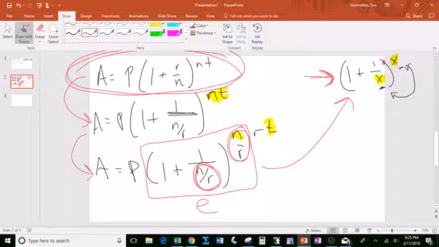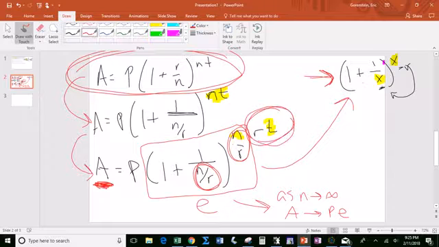So this becomes the number E, and so the result here is as the number n gets infinitely large, this A right here gets closer to P. What I have in that red box is the number E, and then you have this exponent left over, power of R T.